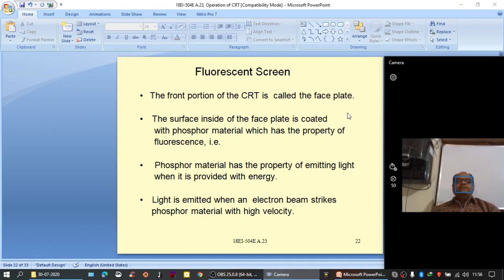The inner surface of the faceplate is coated with phosphor material which has the property of fluorescence. Phosphor material has the property of emitting light when it is provided with energy. Light is emitted when an electron beam strikes the phosphor material with high velocity.